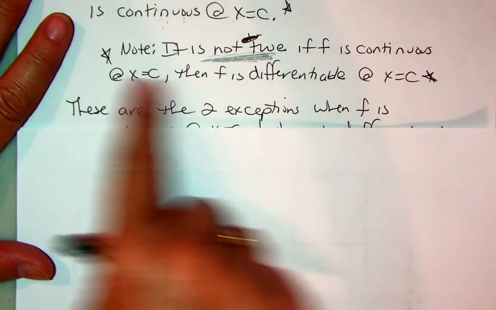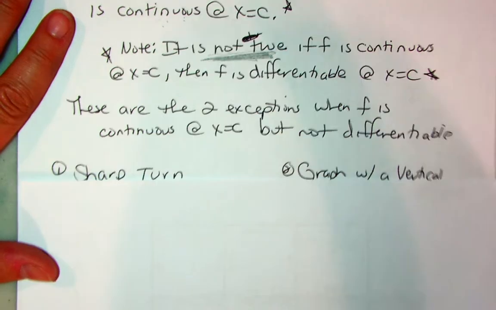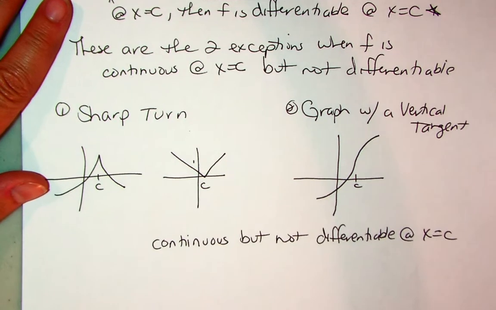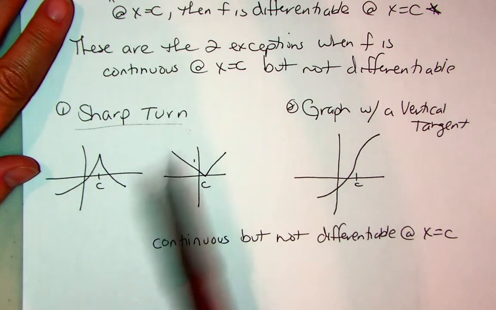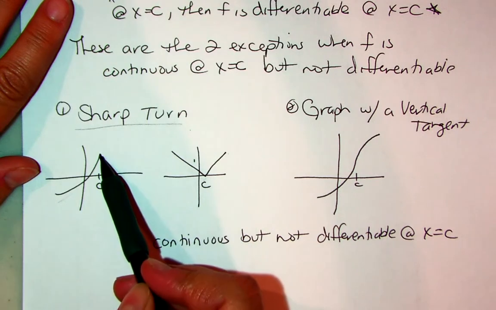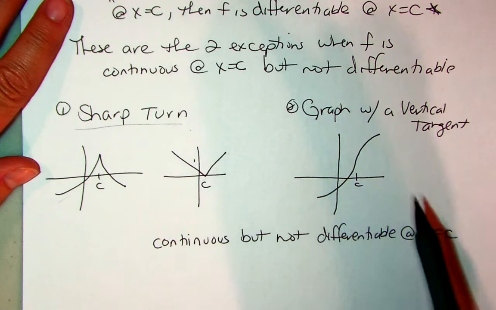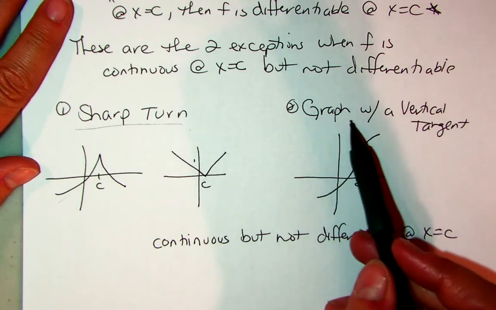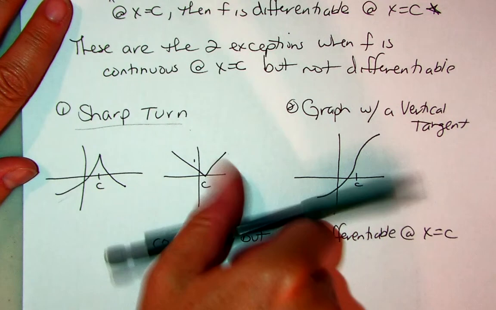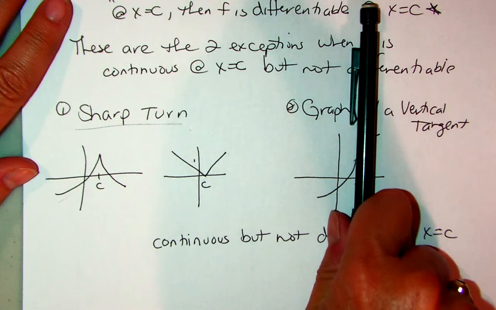Let's show why it is not true. I have two exceptions. If there's a sharp turn, look, it is continuous here, it is continuous here, but it is not differentiable there, and it is not differentiable there. Also, when a graph has a vertical tangent, right at this value my pen would be vertical.